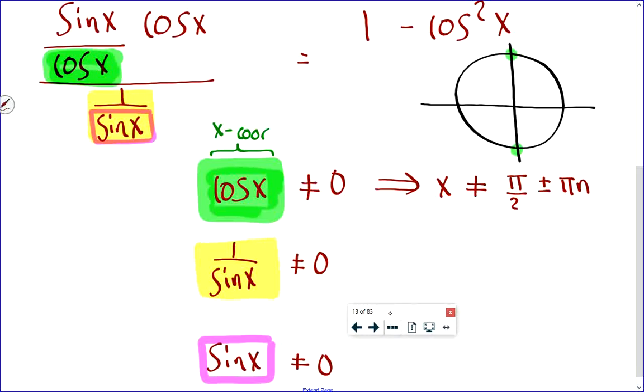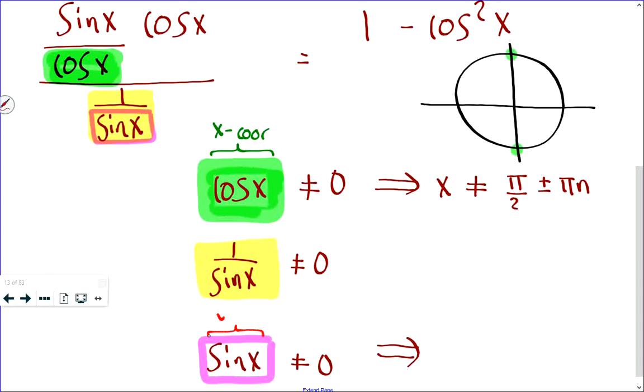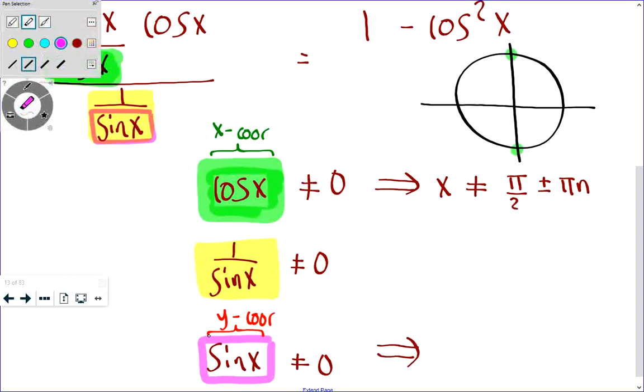On the other hand, when we take a look at sine of a rotation angle being 0, sine is a y-coordinate on the unit circle. So where on the unit circle is the sine going to be 0?